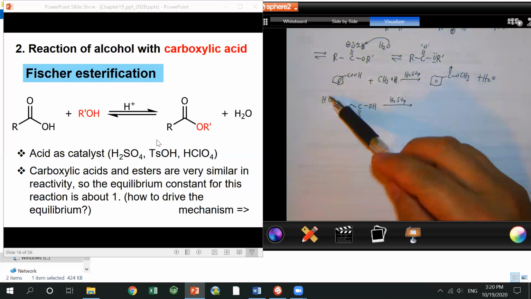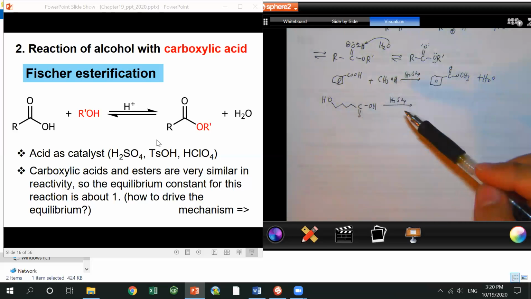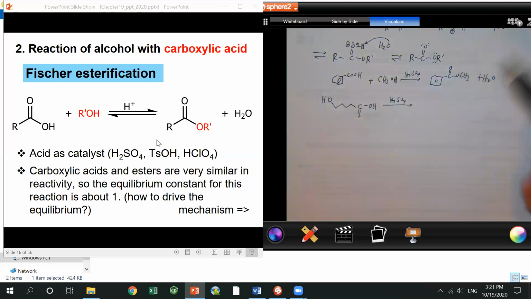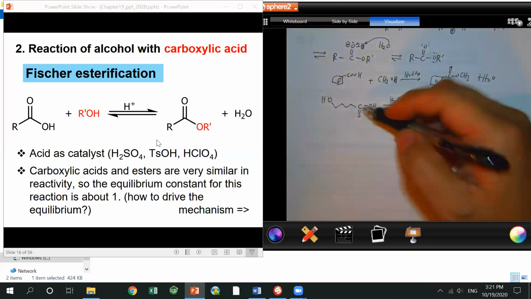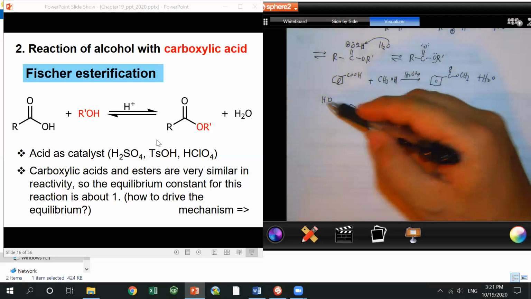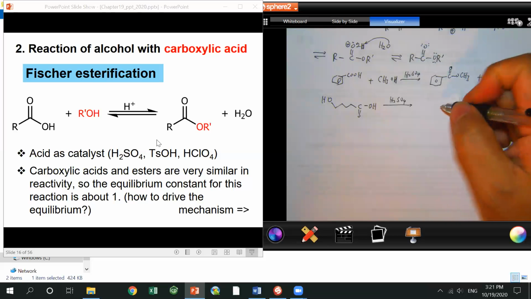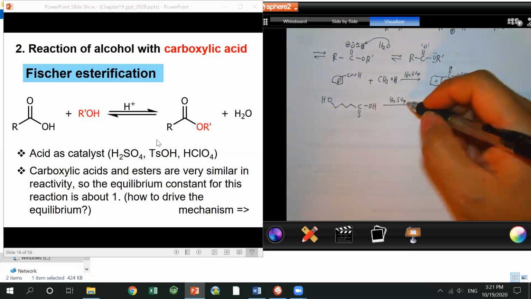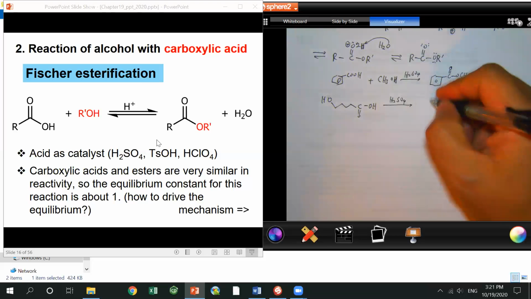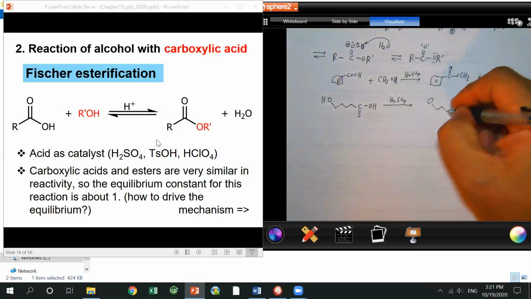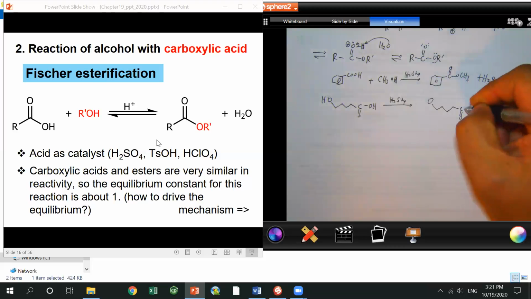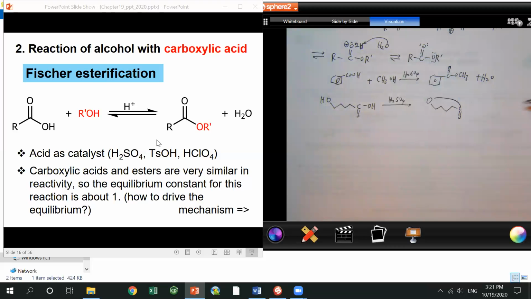So you have an alcohol and a carboxylic acid, okay, so that's typical Fischer esterification reaction conditions, okay. So pretty much this OH comes in and kicks off this oxygen, okay. So if you like, you can draw a little bit ugly one, okay, and then we draw the pretty one. Yeah, so that's it, okay.